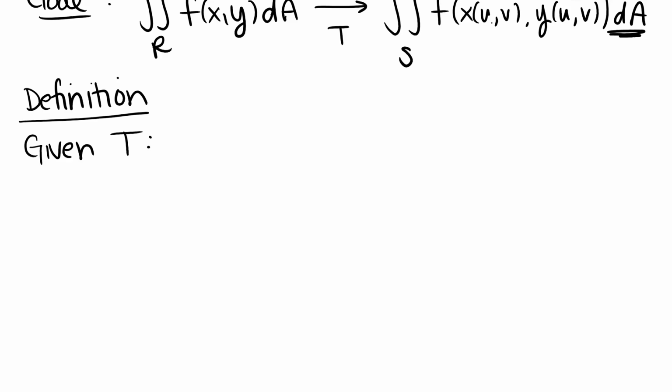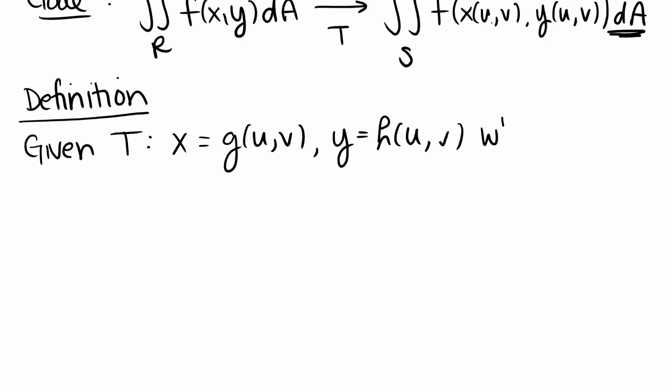So given a transformation T, here's my transformation. x is going to be some function g of u and v, and y is going to be some function h of u and v, where of course g and h have to be nice, right? Where g and h are differentiable on the uv plane.